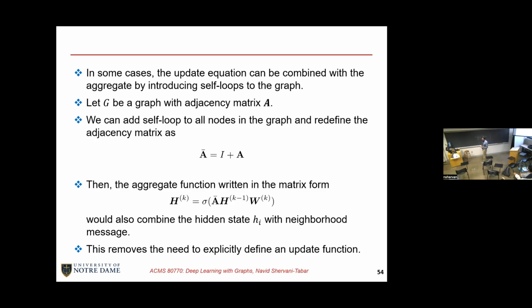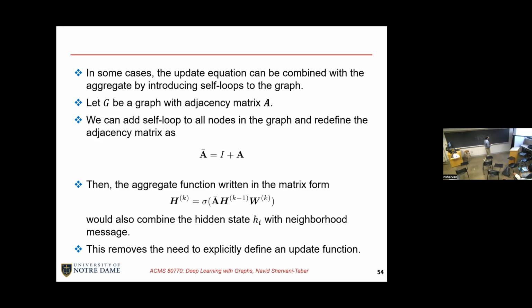Then we discussed that we can use the embeddings of the graph as input, or if we don't have any input, we can construct something using the node importance measures that we discussed, like different centrality methods. At the end of the day, after a few iterations, we are left with node embeddings that can be used for different tasks on the graph.